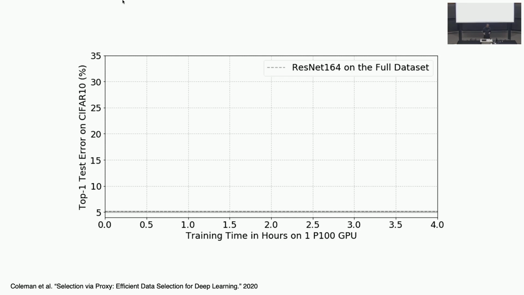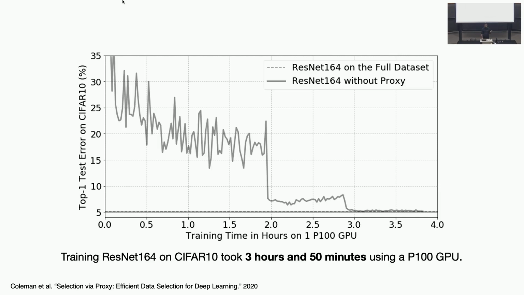But even in this setting, here on the x-axis we have the training time for a single P100 GPU, and on the y-axis we have top-one test error. The gray dashed line represents the error that we get with all of the data. If we train a large, very accurate model on all of that data, it takes close to 4 hours.